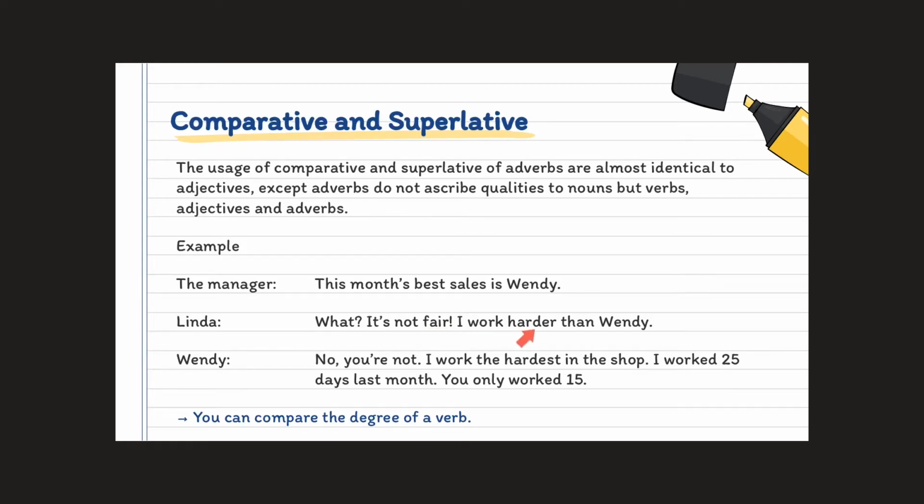I work harder than Wendy." And then Wendy said, "No, you're not. I work the hardest in the shop. I worked 25 days last month. You only worked 15." So you can compare the degree of a verb by using the comparative and superlative form of the adverb. And those forms are harder and the hardest.